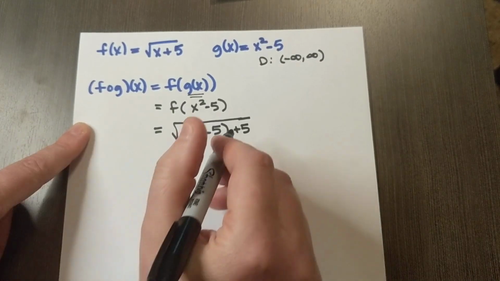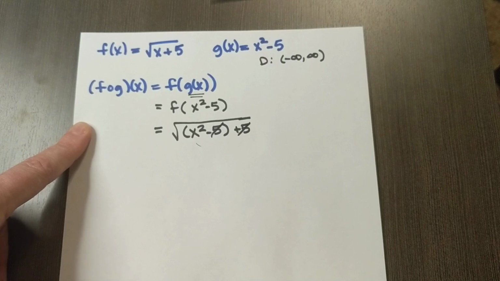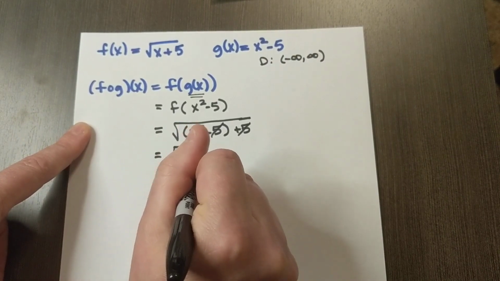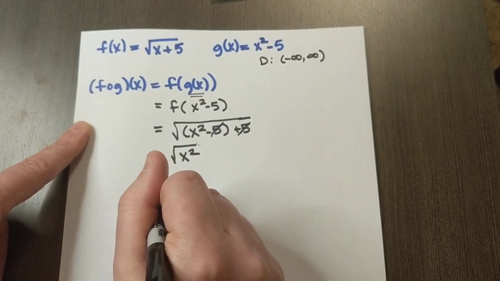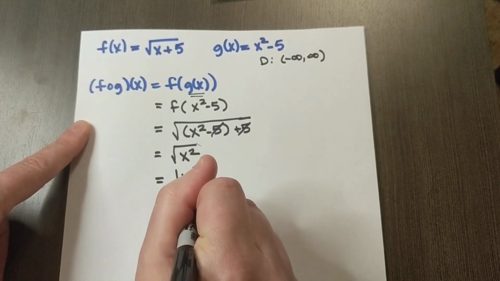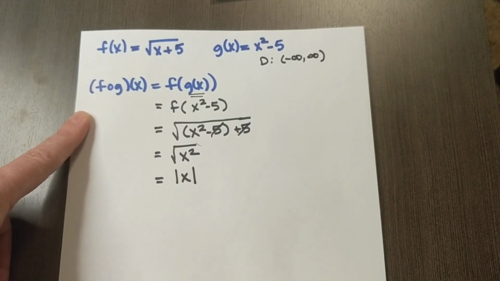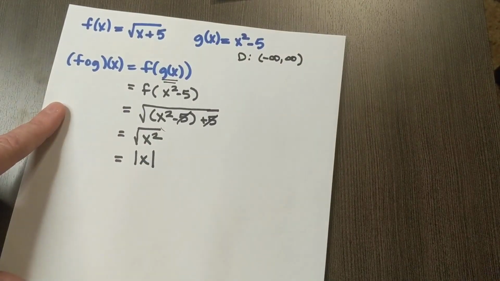Now simplify it. We really don't need these parentheses. We can cancel out the 5s. Then we have the square root of x squared. The square root and the squared cancel out and give us an absolute value of x. This is the composition for this one.